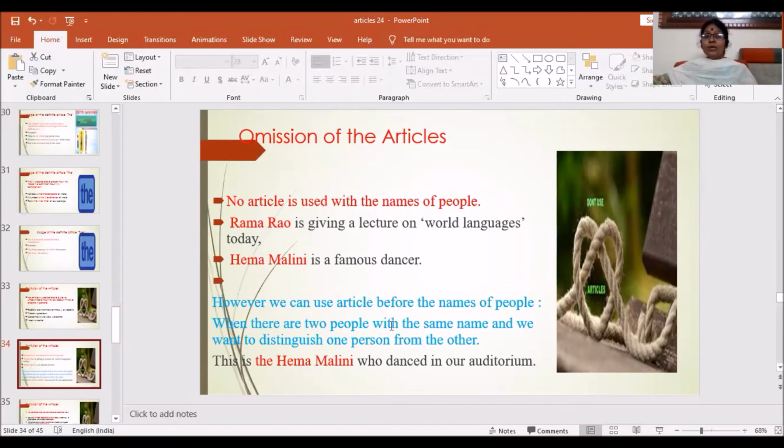However, we can use an article before the names of people when there are two people with the same name and we want to distinguish one person from the other. This is the Hema Malini who danced in our auditorium. Supposing there are two people with the same name and you want to distinguish, then we can use our definite article the to show which person we are referring to, right?